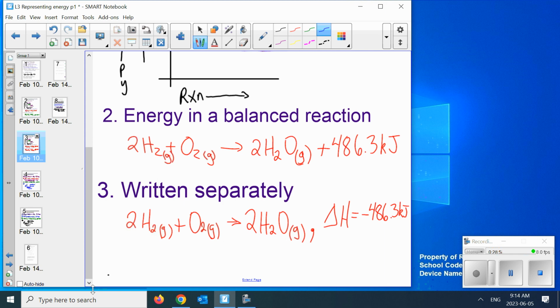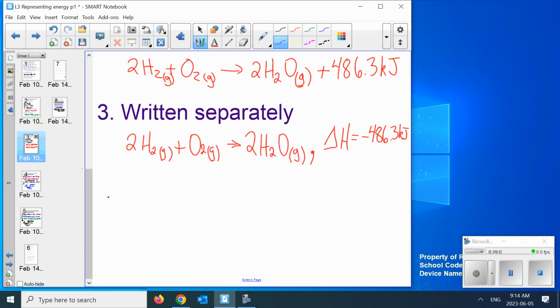Underneath this third written-separately example here, let's write down this. This is an exothermic reaction. Why is it exothermic? Because energy is negative, it leaves the system, it exits the system.